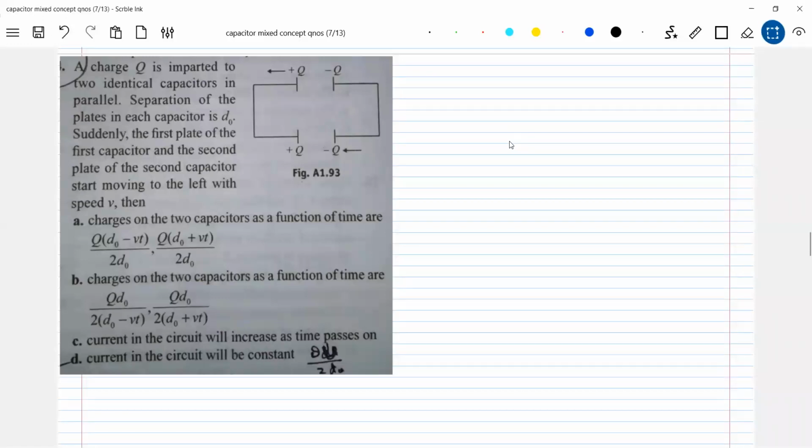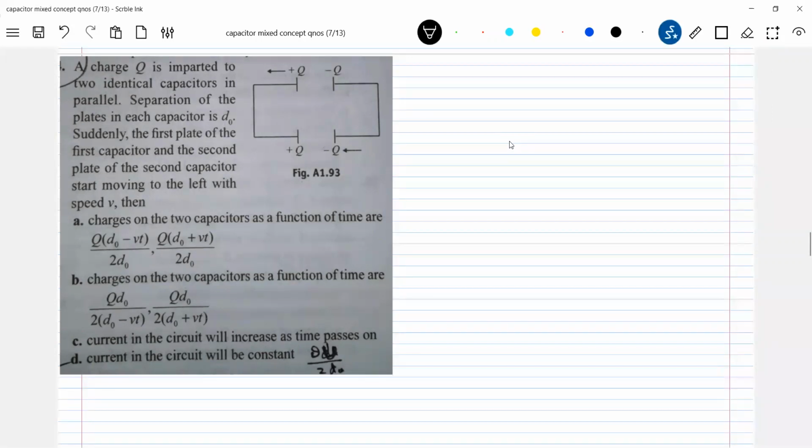Read the question. So the separation of one plate is increasing, the other plate is decreasing.